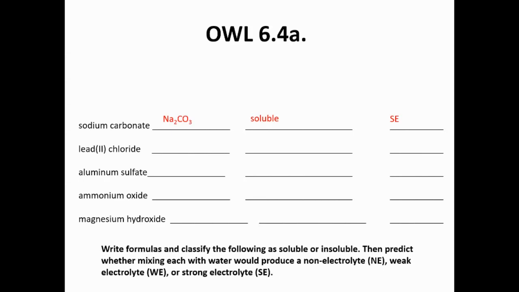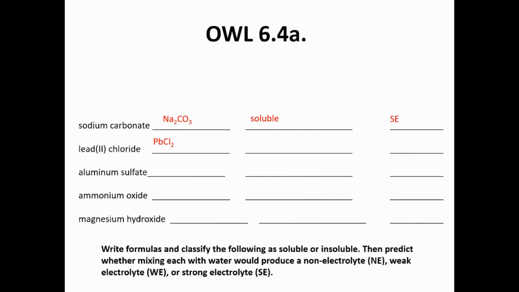Moving on to lead 2 chloride. Practice your formula writing skills. Lead 2 means Pb with a +2 charge. Chloride is Cl-. To get the formula right, we need Pb with Cl2. Okay, to figure out whether it's soluble or insoluble, we need to look at the rules. Chloride is a group 17 anion, and they are always soluble with the exception of PMS: lead, mercury, and silver.